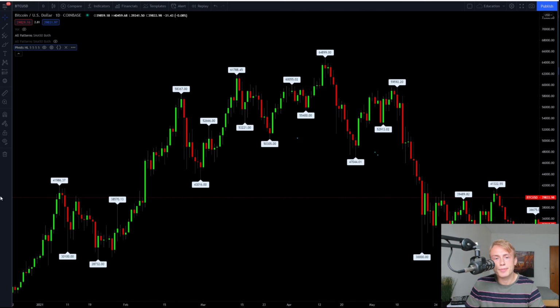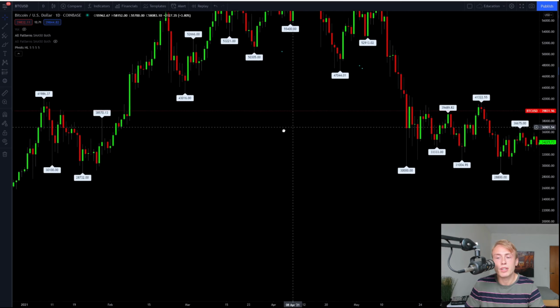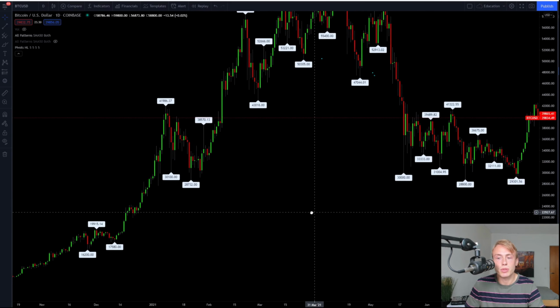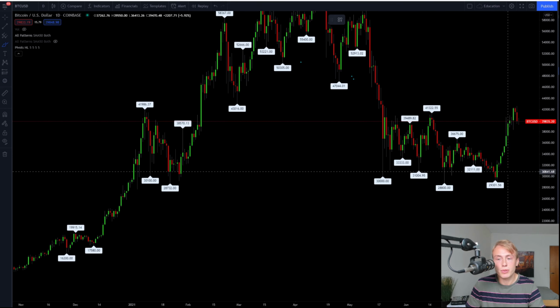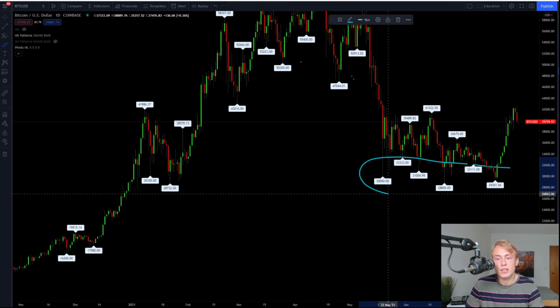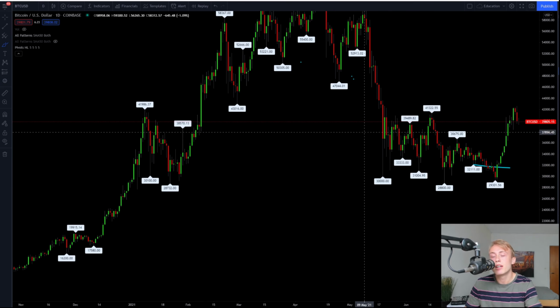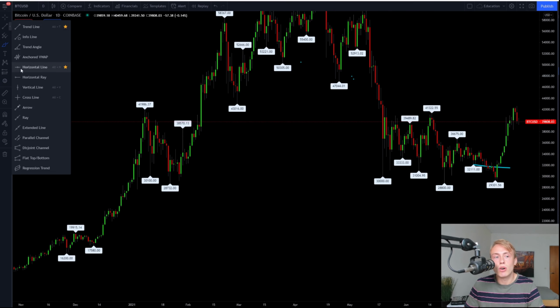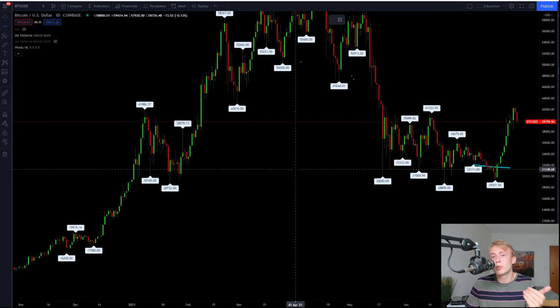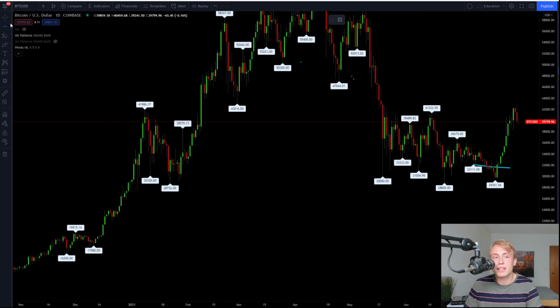Now it looks like this, and you can actually use the pivot points here to find key support and resistance levels. For example, as you can see right here, we have many pivot lows in this area. This indicates that we have multiple times been seeing buyers coming in here, and this seems to be a key area.